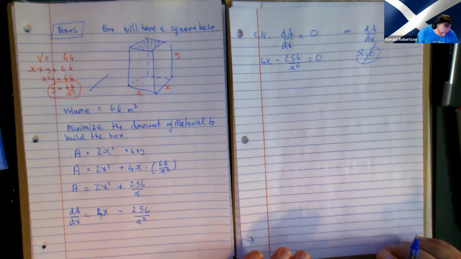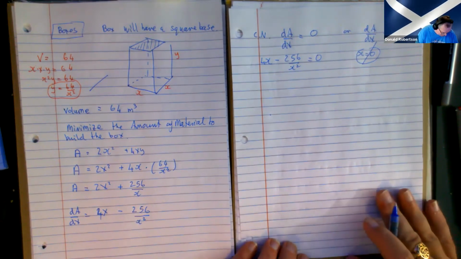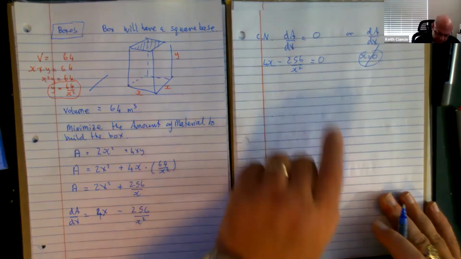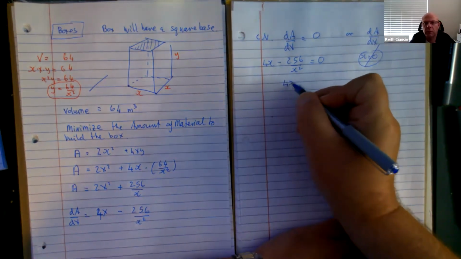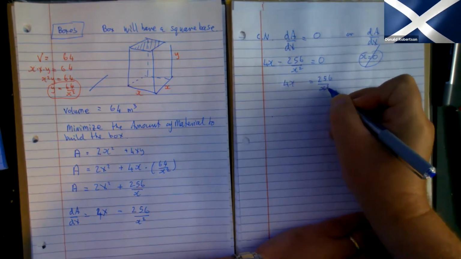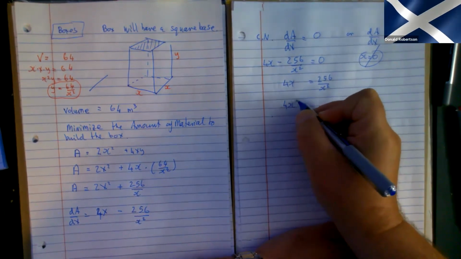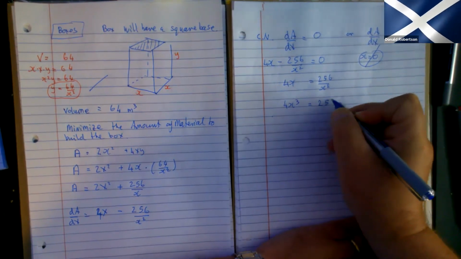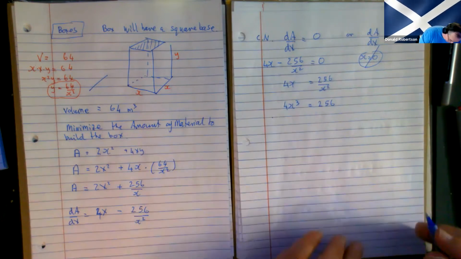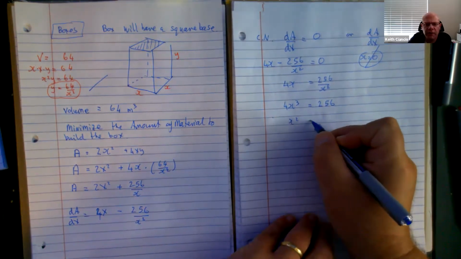Very similar, isn't it, Keith, to the one you talked us through last time, right? So I'm just going to kind of zoom through this a little bit. Multiply both sides by x squared, or if you're a cross multiply person, you get the same result. I've got a question.